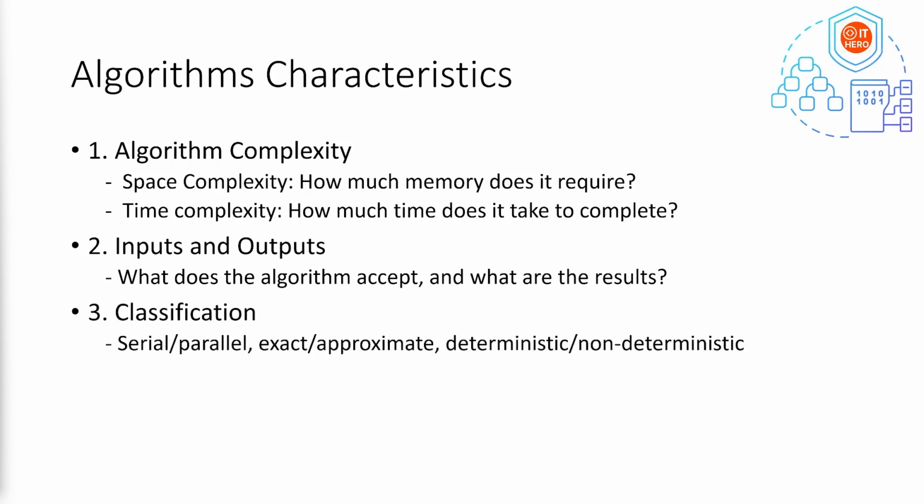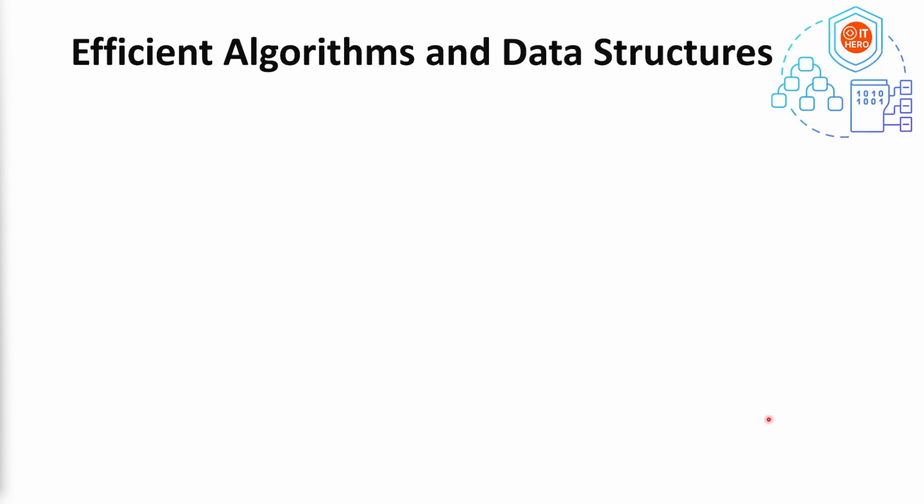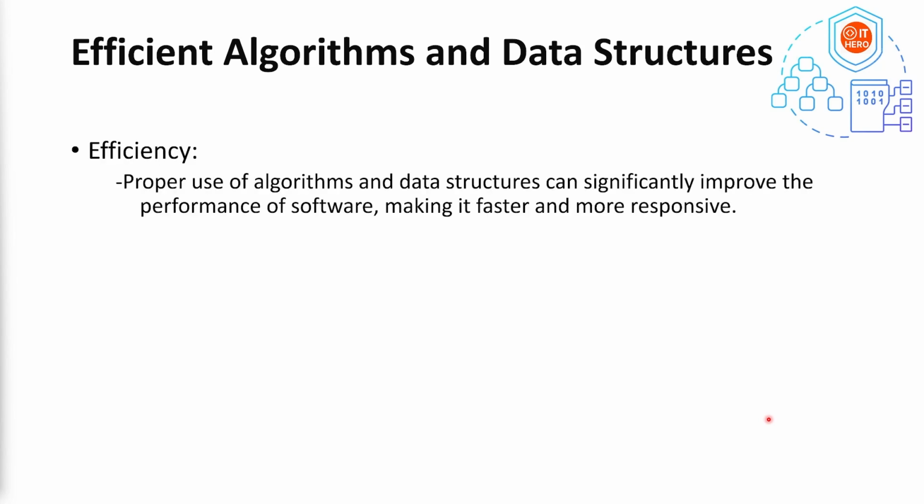And the classification of algorithms: serial, parallel algorithms. There are exact algorithms, approximate, deterministic, and non-deterministic. Also, algorithms have to be efficient, and we should use the right data structures for the right purpose. We'll see how to choose the best data structures based on the problem we want to solve.